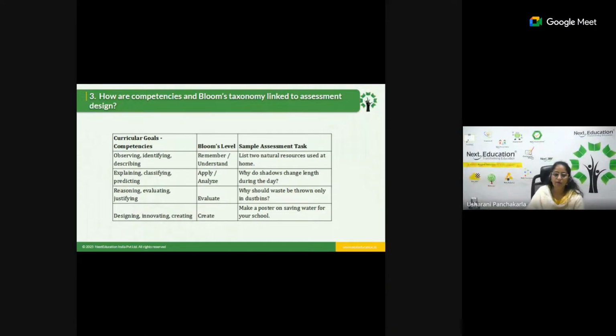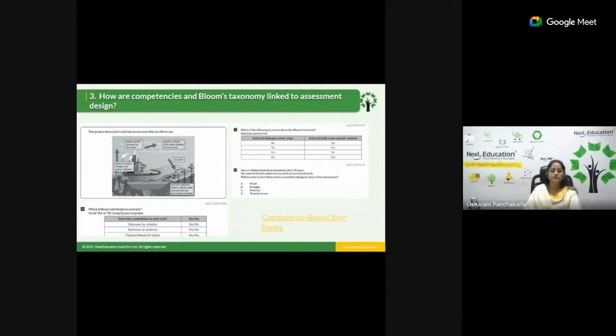Yes, so this is about Bloom's taxonomy alignment. And here you can see the competencies and the curricular goals in detail. You will be seeing it in the upcoming slides. Now, it's not me saying that, even CBSE is giving the same information. Let me open that.